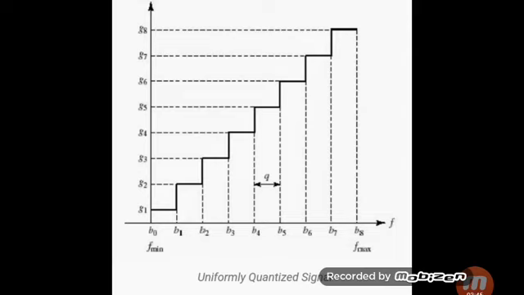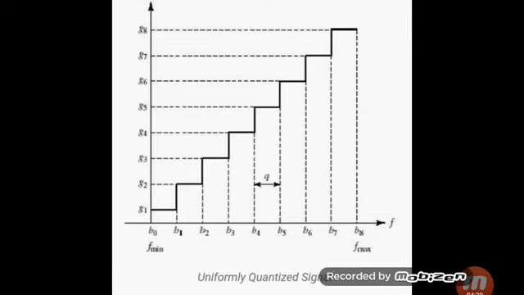See the diagram: here the steps are divided into equal intervals, equal samples, equal quantized pulses or equal step sizes. In any data communication conversion the pulses are divided into equal samples, and that affects the quality of the signals.